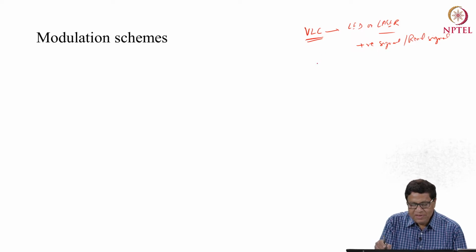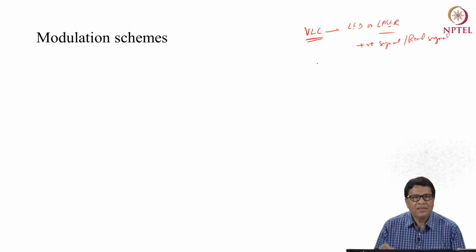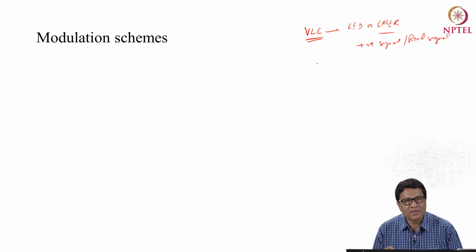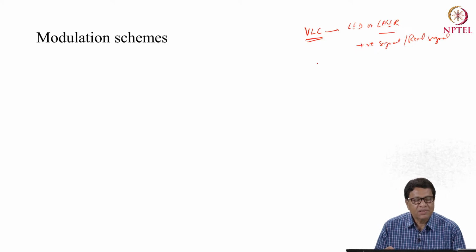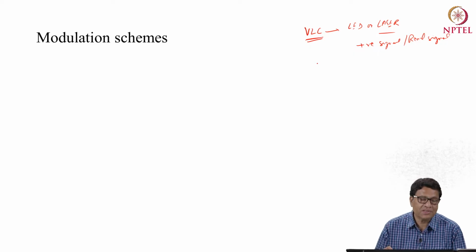Before we start the discussion on modulation schemes, we want the power, either from the transmitter or from the handheld device using optical wireless technology, to be as low as possible. So you should look for modulation schemes which are power efficient. Also, we know the bandwidth offered by different sources is limited.